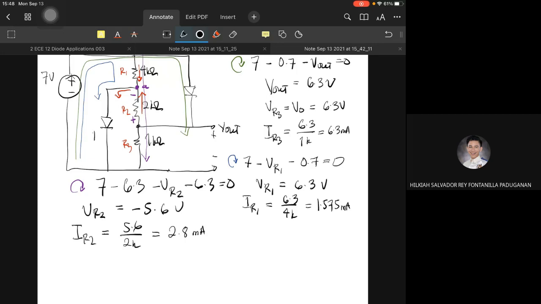Let's say this is diode 1 and this is diode 2. ID1 is equal to the total of IR1 and IR2. IR1 is 1.575, IR2 is 2.8, so ID1 is equal to 4.375.